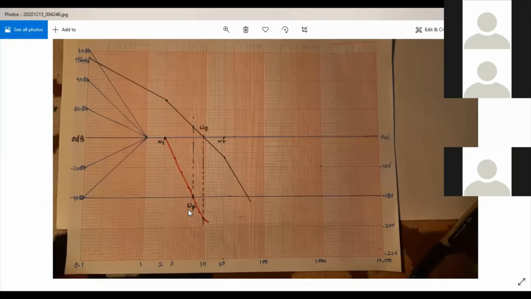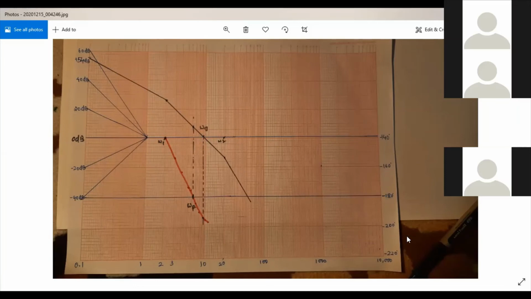And whenever the gain plot cuts the 0 dB line, we call it the gain crossover frequency. These terminologies we came across even in the Nyquist plot. I repeat again, whenever the phase plot cuts the minus 180-degree line, we call it the phase crossover frequency, and whenever our gain plot cuts the 0 dB line, we call it the gain crossover frequency.